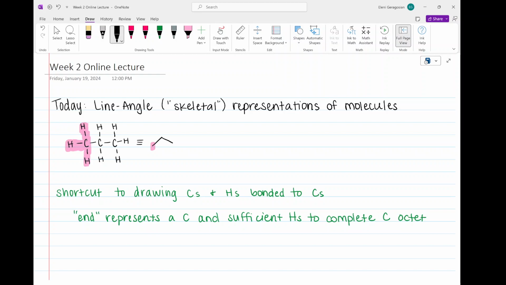And then a bend in that corner also represents a carbon and sufficient hydrogens to complete its octet.